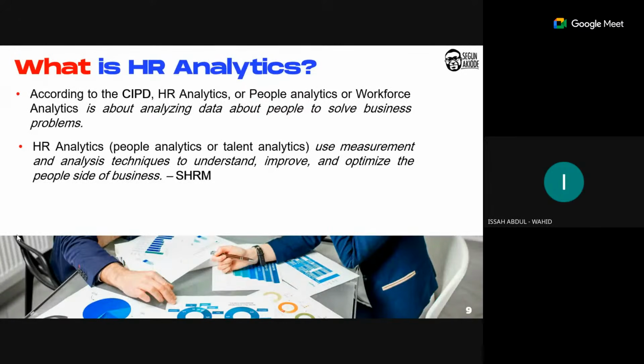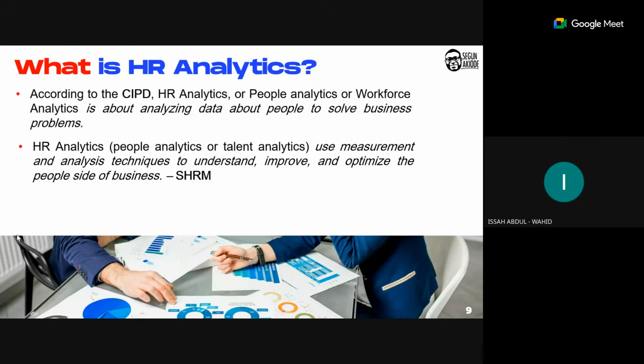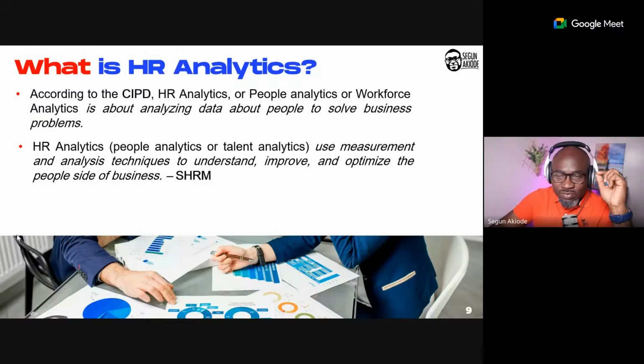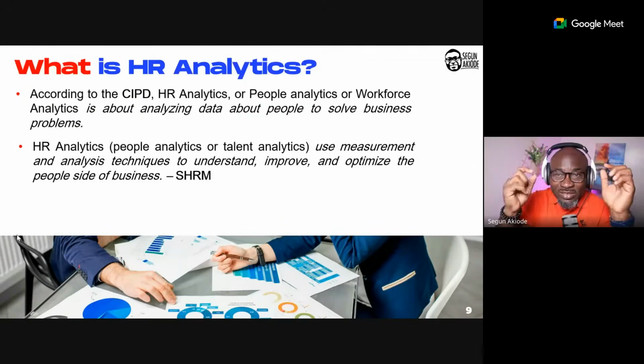Optimizing the people side of the business means that we are looking at metrics. When you measure, we're looking at measures that we need to take. What you measure, you can track. And once you track it, you can improve it.